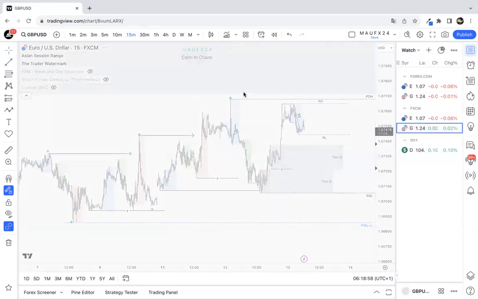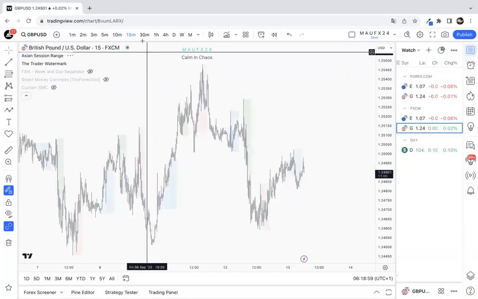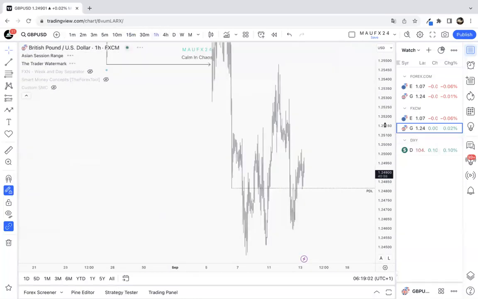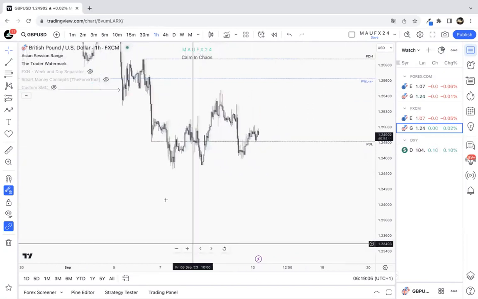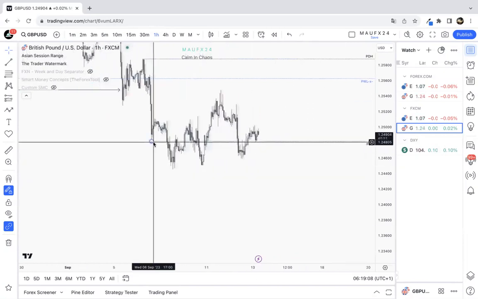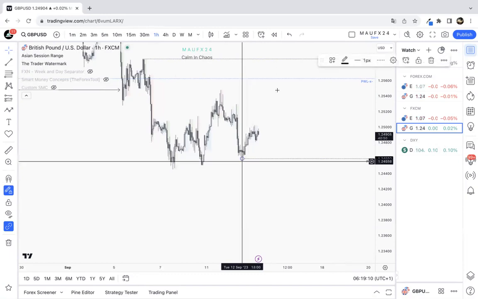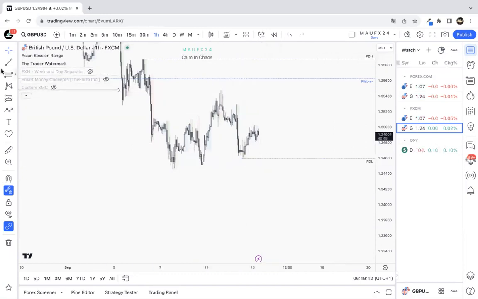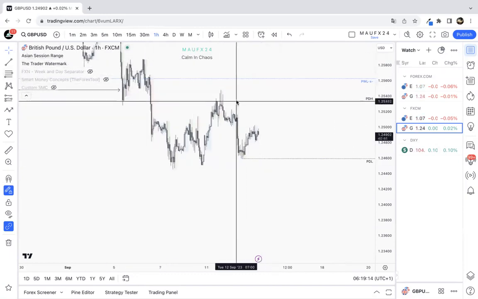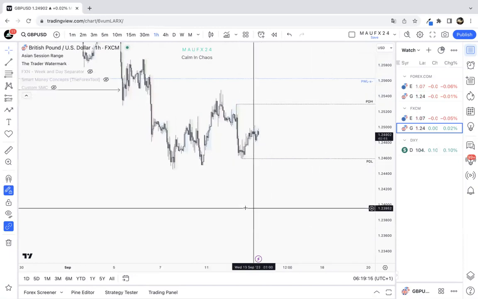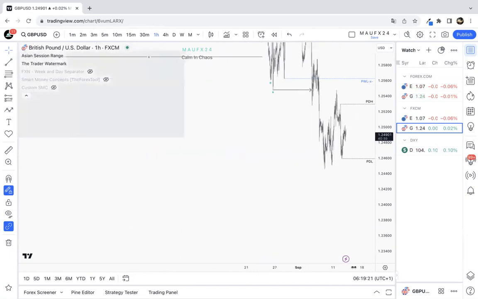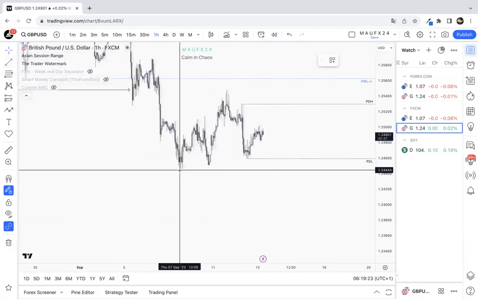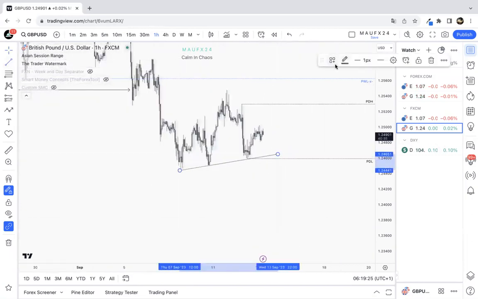Then GU, actually I don't want to look at GU because I know it will be more messy. Oh, it's actually not the case. We got previous daily lows down here, previous daily highs up here. The thing with GU is, look at this liquidity building up here.